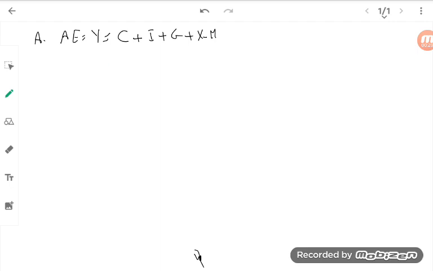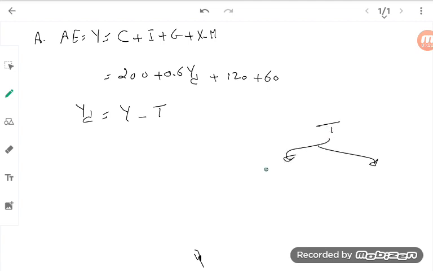There is no international trade or international transactions with the rest of the world. So we are going to substitute in the equation with the given C: 200 plus 0.6 YD, plus I 120, plus G 60, X and M zeros. YD equals Y minus T, and in our example it is a lump sum tax, as taxes can be a percentage of income or a fixed amount.